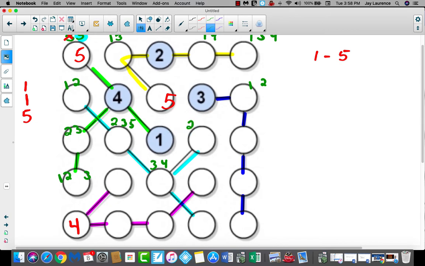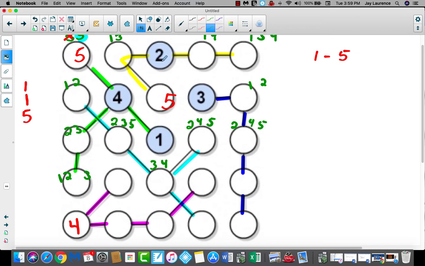Might be a 2. Can't be a 3. Might be a 4. Might be a 5. Not really telling me much, is it? Okay. This one here can't be a 1. Could be a 2. Can't be a 3 because of the chain. Could be a 4 or a 5. All right, how about this one? Well, that's not really telling me much. Let me drop down to this one. This one can't be a 1.